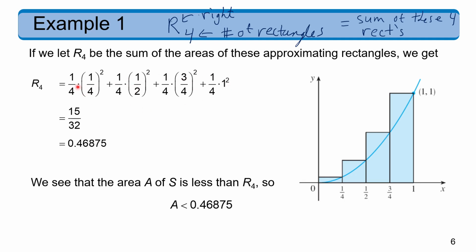Each one is the area of one of the rectangles. So this first calculation is the first rectangle, call it rectangle 1, and then this one, rectangle 2, and so on.